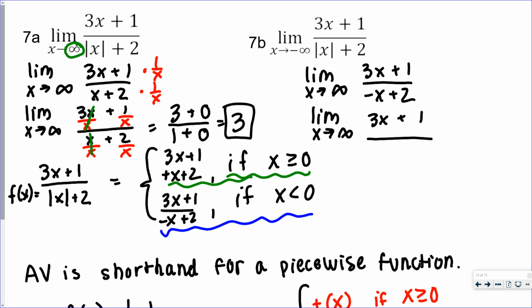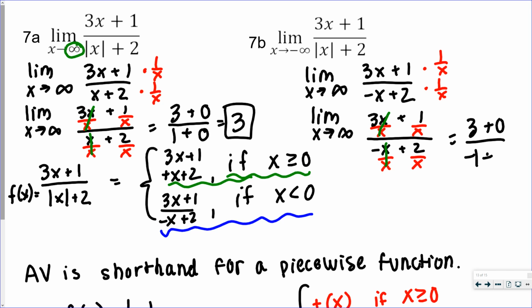And then I'm going to divide by the largest power of x, which is still just x. Again, that's the same as times 1 over x. So I just divide everything by x. These cancel. That's a 1. And we end up getting 3 plus 0 over negative 1 plus 0. So you end up getting negative 3 for this one.